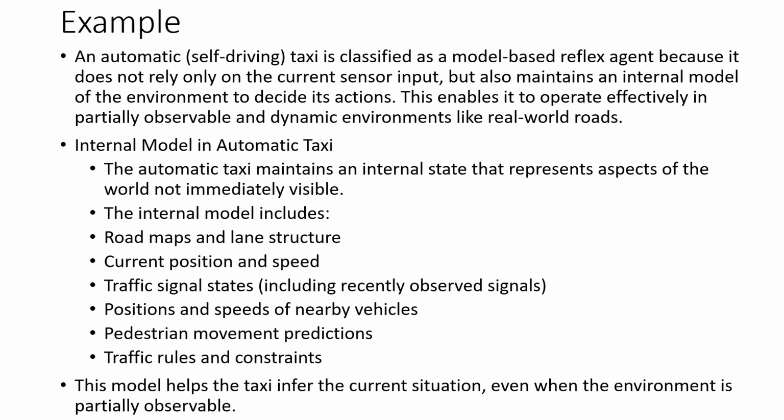In these cases we need the internal model. So the automatic taxi operates in a partially observable and dynamic environment. Partially observable means it cannot see everything at once. Dynamic means the environment changes while the agent is thinking.